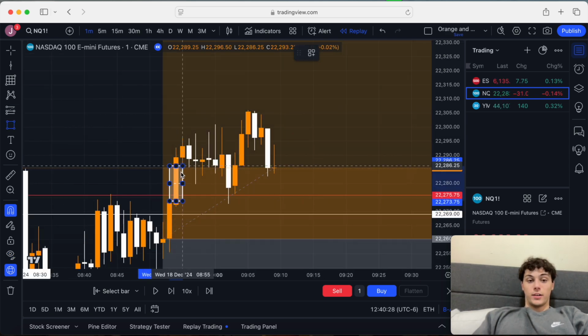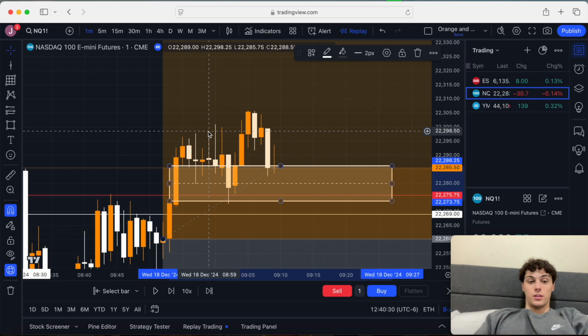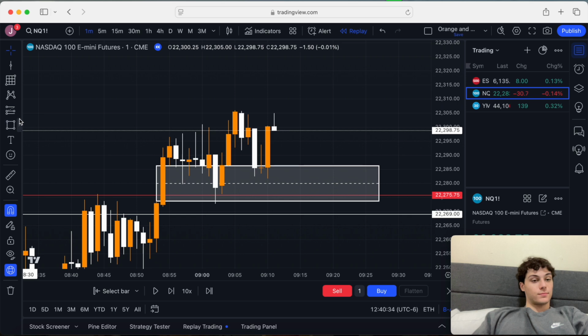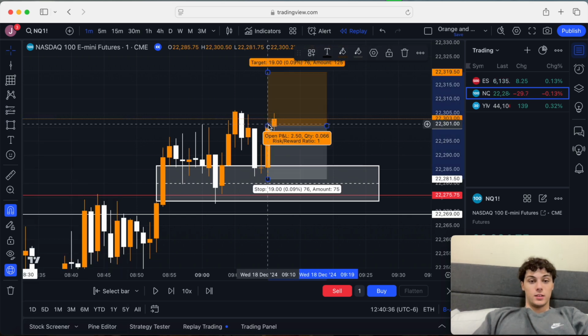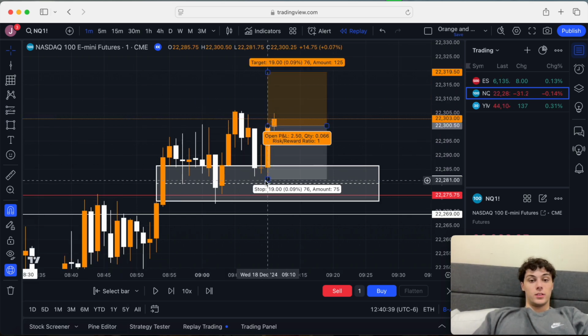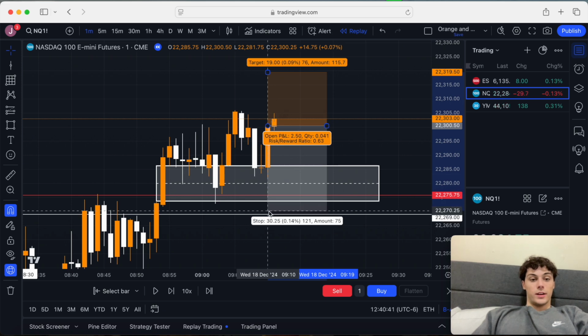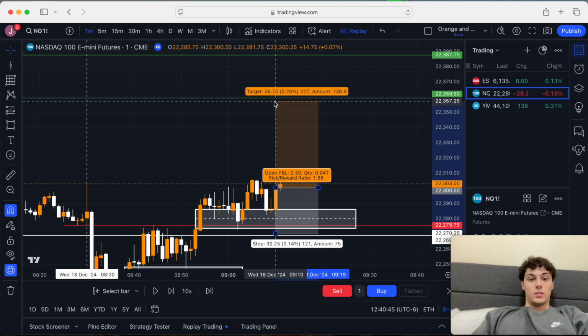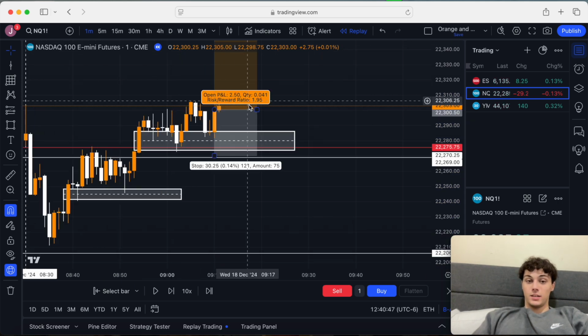And when NASDAQ retraced, like, sure, I could have gotten in right here. I could have gotten in right here. And longed it right here. But I didn't.